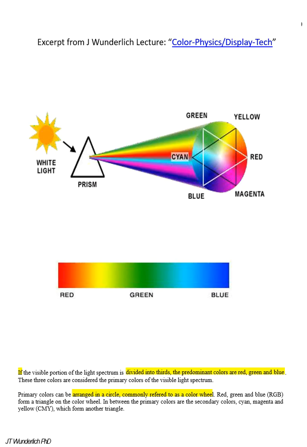So to learn about additive and subtractive color, we want to look at an excerpt from a lecture I have in a high-tech class on color physics and displays, computer monitors. Again, we're looking at the visible range of wavelengths that we see of the electromagnetic spectrum, and it's broken down into primarily a red, green, and blue range.